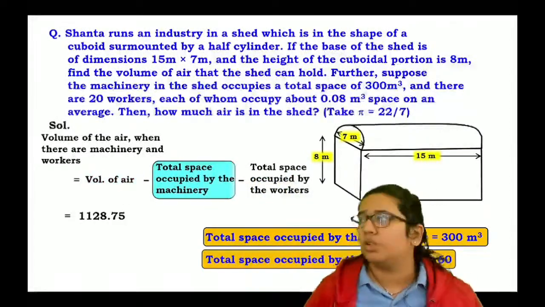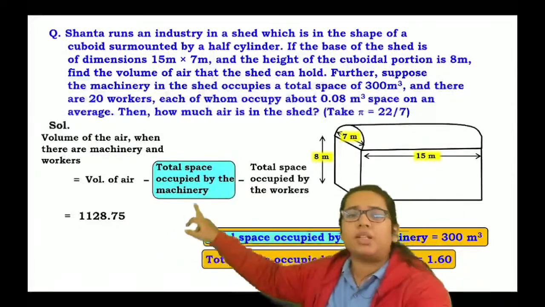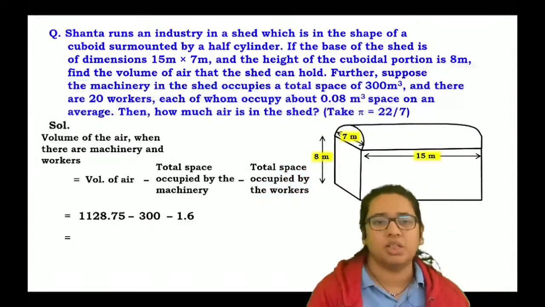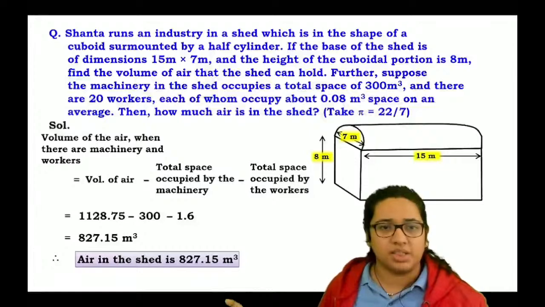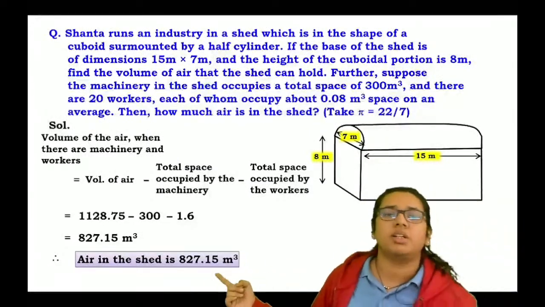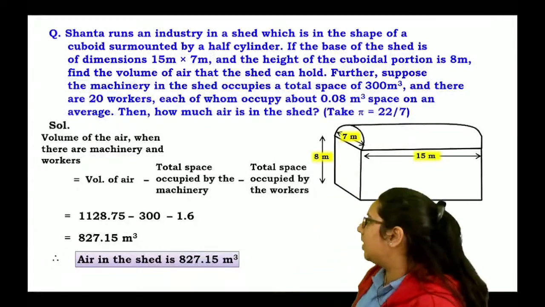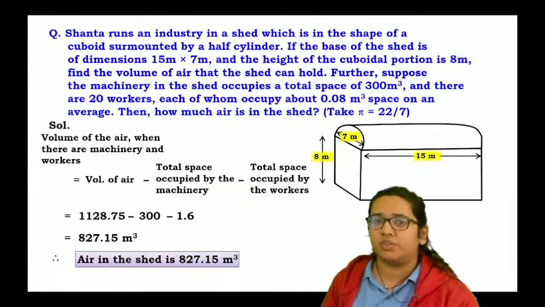So it will be 1128.75 minus 300 minus 1.6. So after calculating this, you will get the final answer as air in the shed will be 827.15 cubic meter. This will be our final answer.